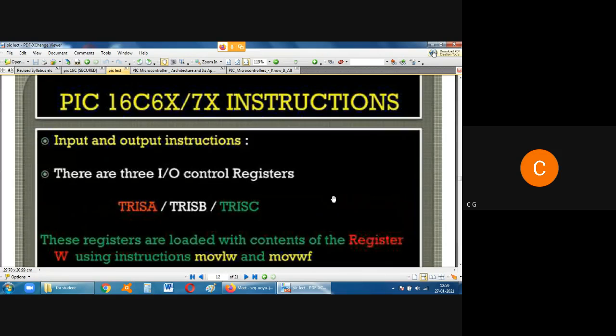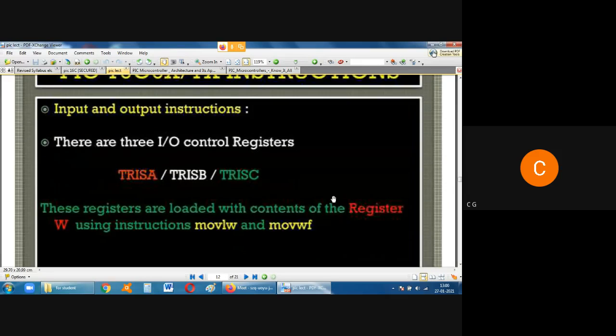Even these instructions are grouped in such a way that some instructions are associated with arithmetic operations, logic operations. Certain instructions are associated with transferring data from memory to the registers. Okay.